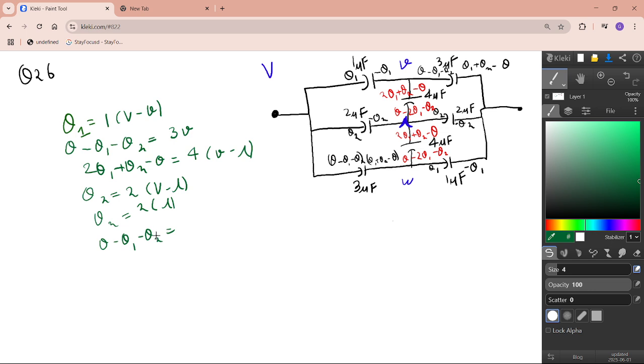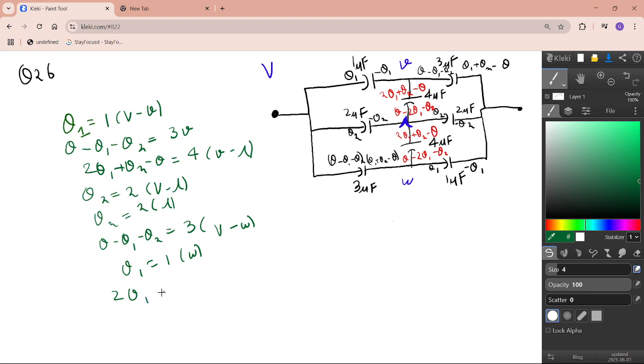Q minus Q1 minus Q2 is equal to 3V minus omega, and we have Q1 is equal to omega.